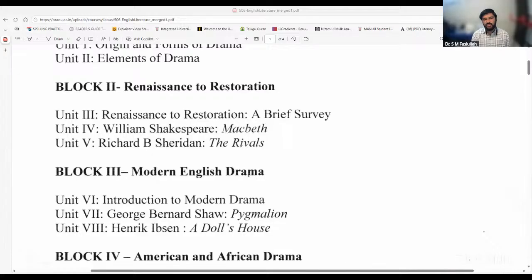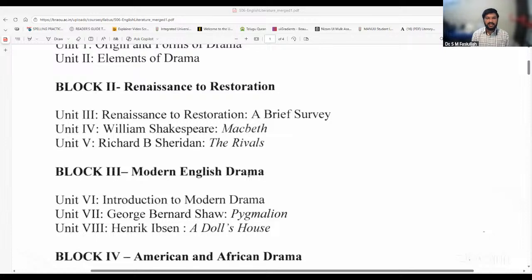Now we have these two different terminologies which are related to different phases of development of drama, or we can also understand it as different socio-political stages that can be seen in the history of English literature.